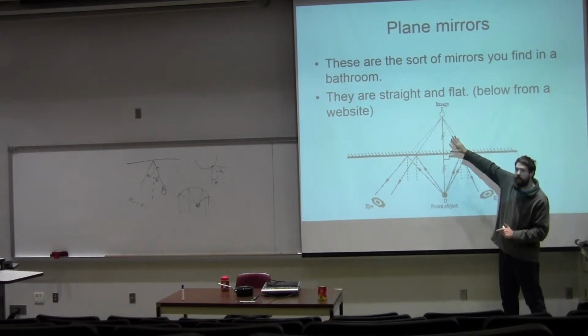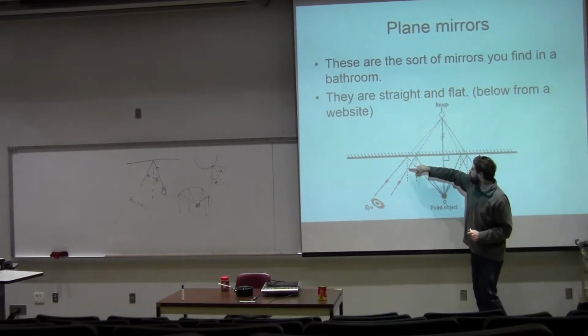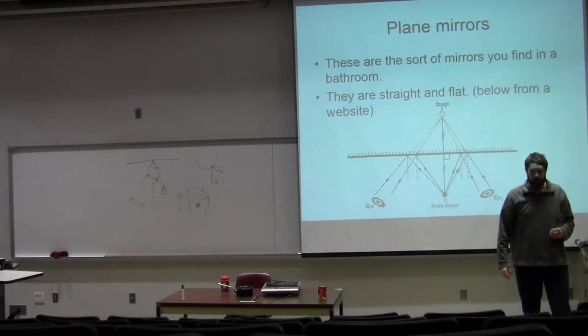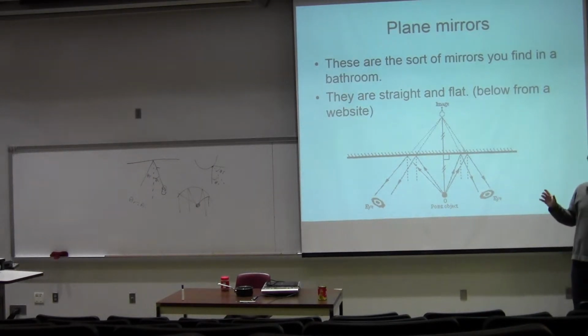It looks like it's behind the mirror. And all of these lines go to the same point, and that point is the image. So that's how we create an image. You have light reflecting off a surface that all looks like it originated from one single point.